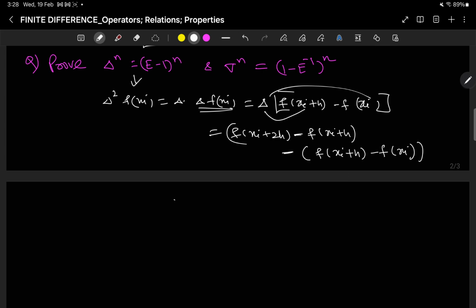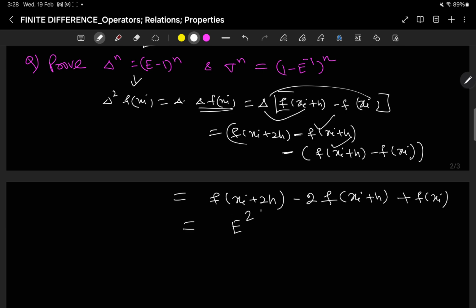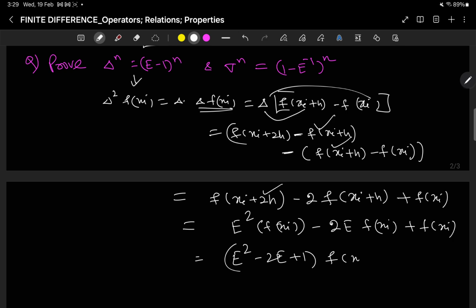If you simplify, this is f xi plus 2h, minus twice f xi plus h, plus fxi. This is nothing but E square fxi minus 2E fxi plus fxi. So it is E square minus 2E plus 1 fxi. So this is E minus 1 whole square fxi, is it not?